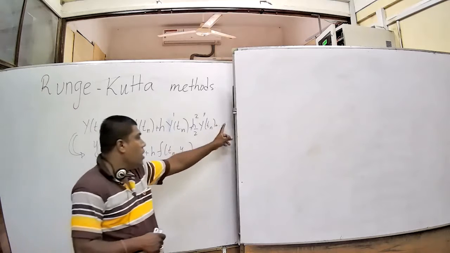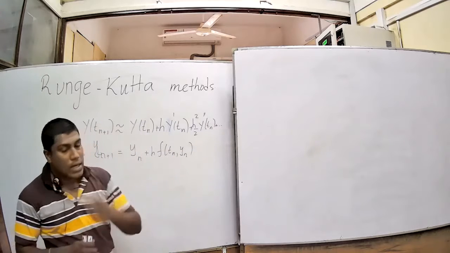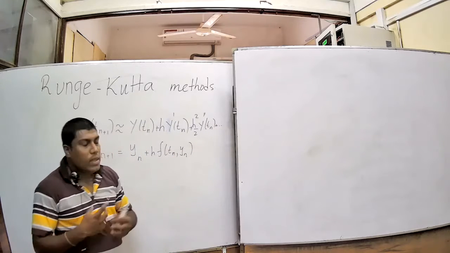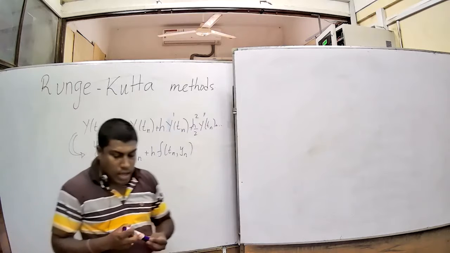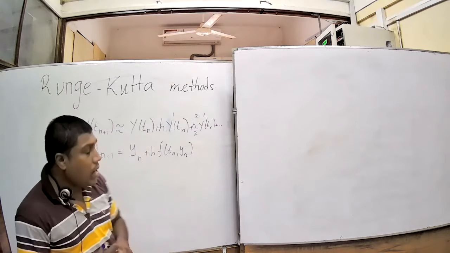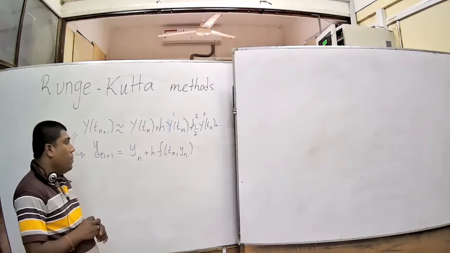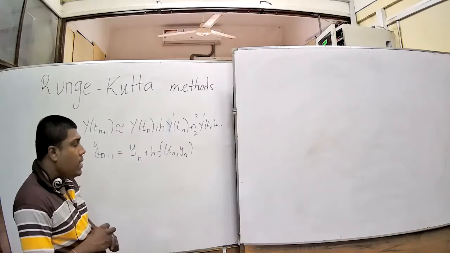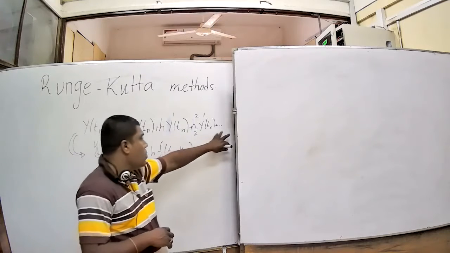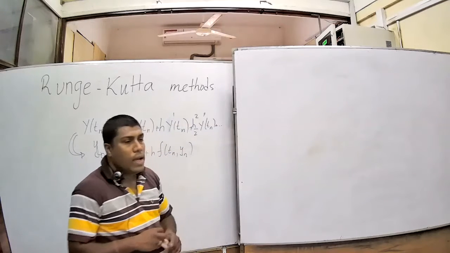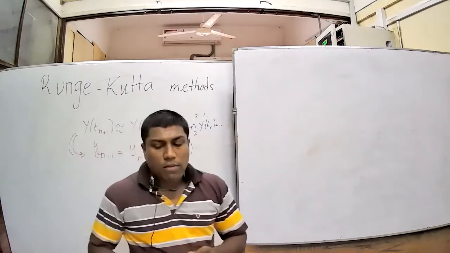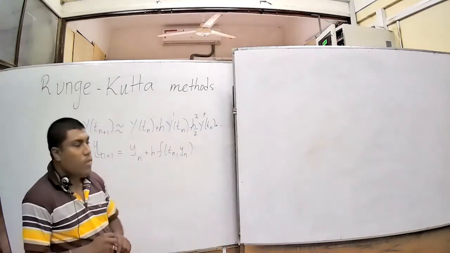If you have one more term after that, you need the third derivative. So expanding this leads to another problem: even though the approximation is better, you need to know the higher order derivatives of the solution.